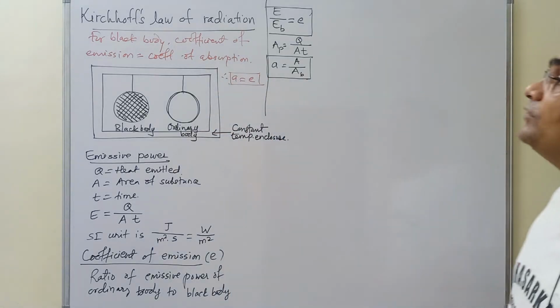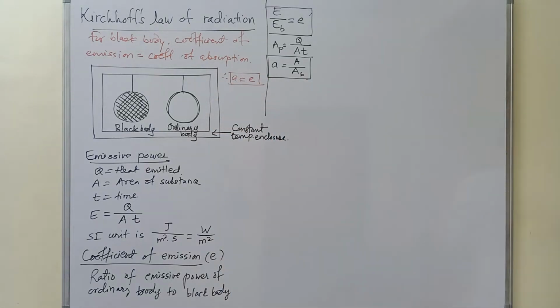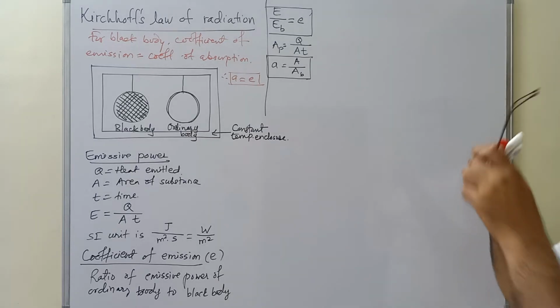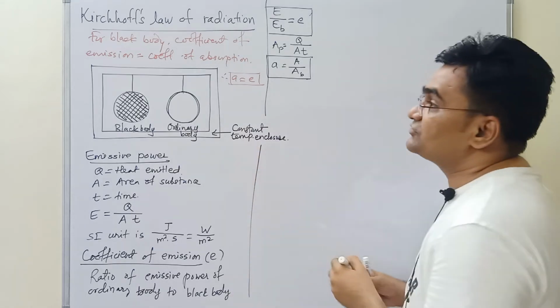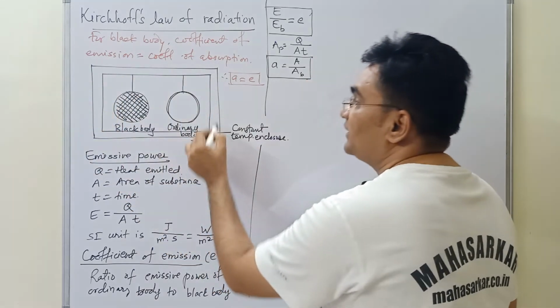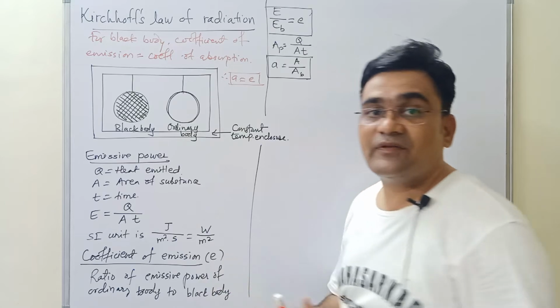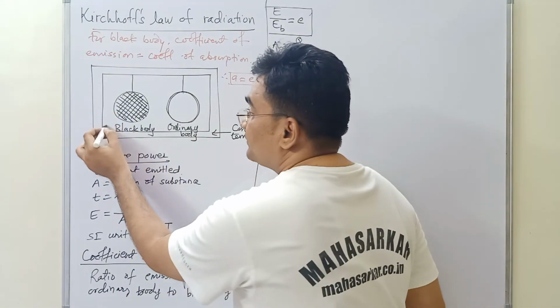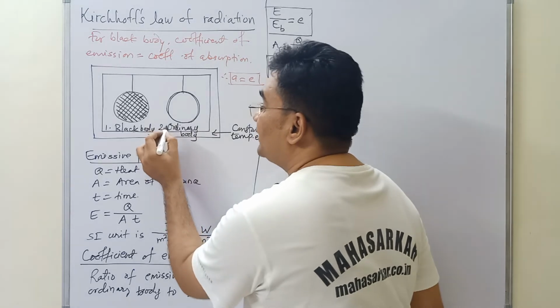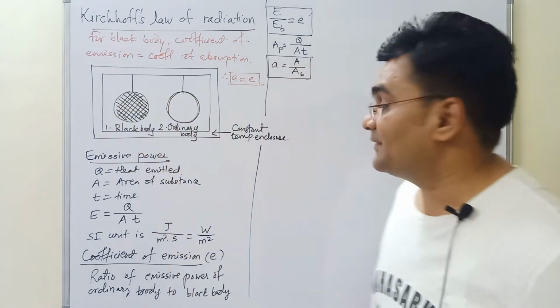To prove this theorem, we have one theoretical experiment. Let's simplify that experiment. Consider there is one constant temperature enclosure in which two objects are fixed. The first object is a black body and the second object is any ordinary body, but both have the same surface area.